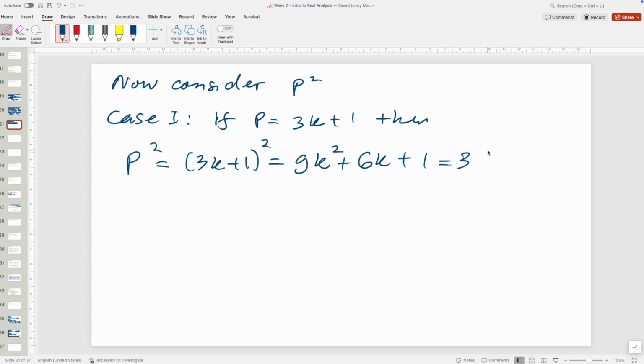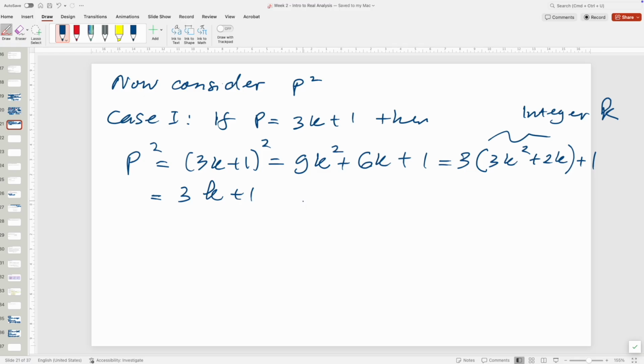And then you can simplify this: 3 times 3K square plus 2K, plus 1. But this one is another integer. Let's say it's some other integer, to make it different, so it equals 3 times that integer plus 1.